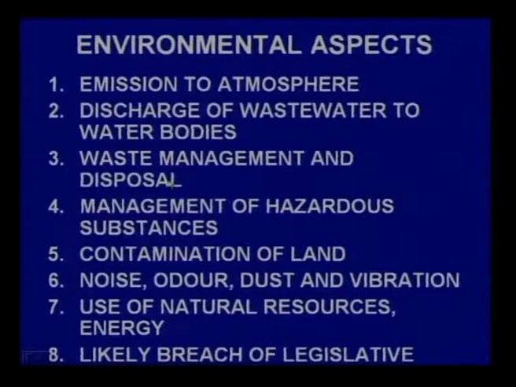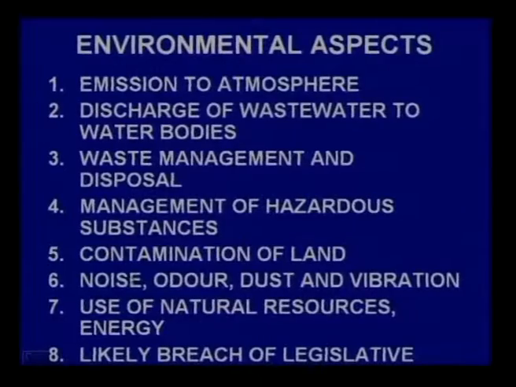Then there is another special category called management of hazardous wastes, which could be solids or liquids or gases. Hazardous waste substances are of a particular nature which have more adverse effects on humans, animals, plant or property.